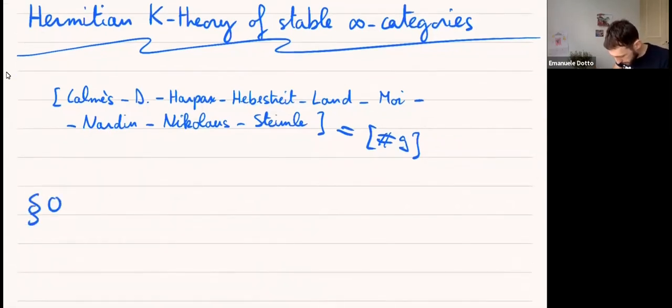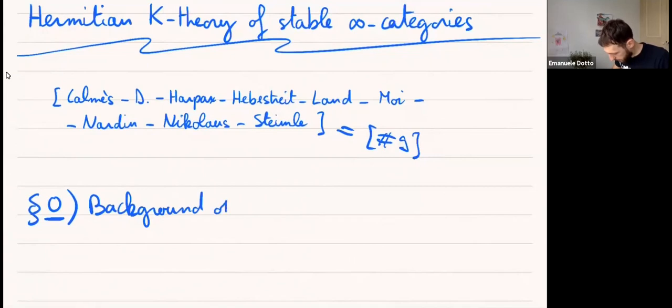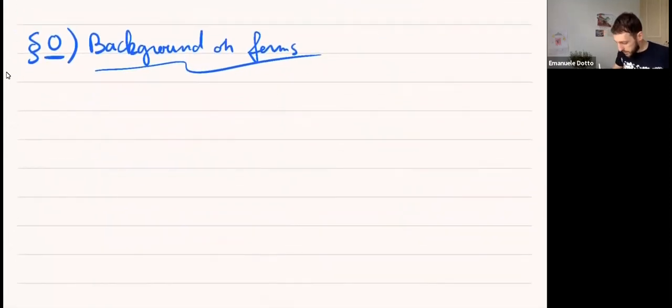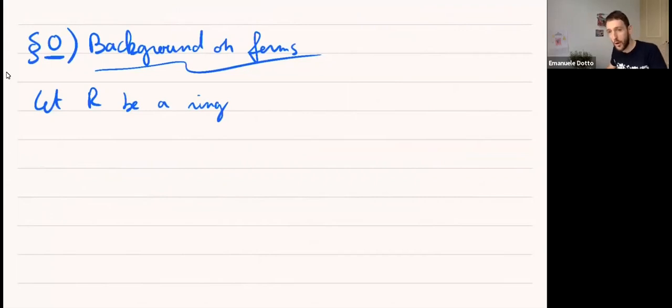So section 0, some background on forms. We start with a ring R. I've unfortunately only attended one talk this week because of teaching and other craziness, but in that one talk K0 of R was defined, but let me remind you what that is again.